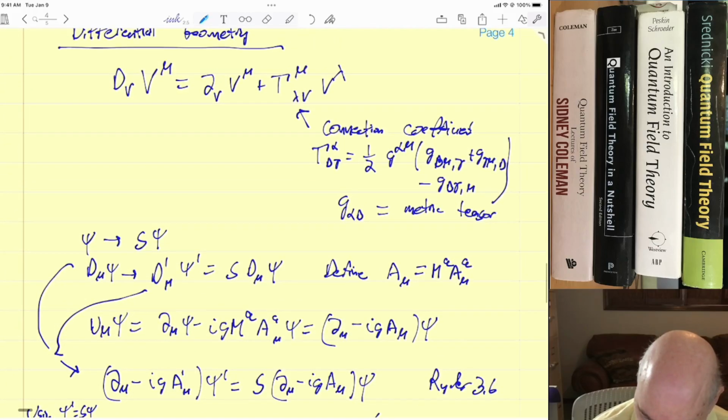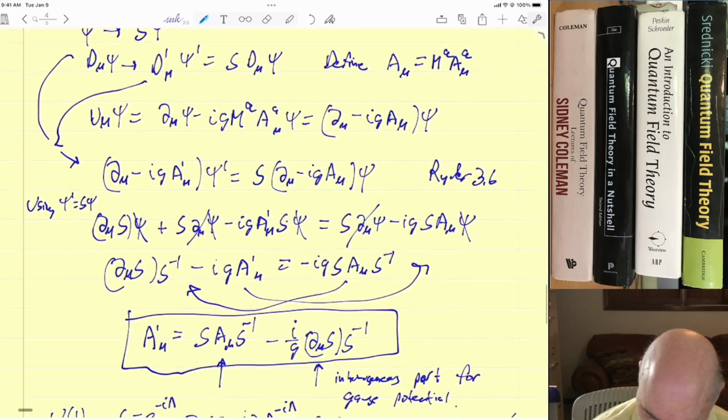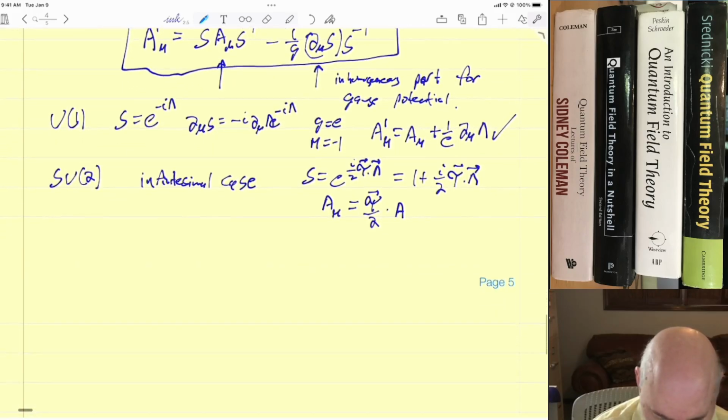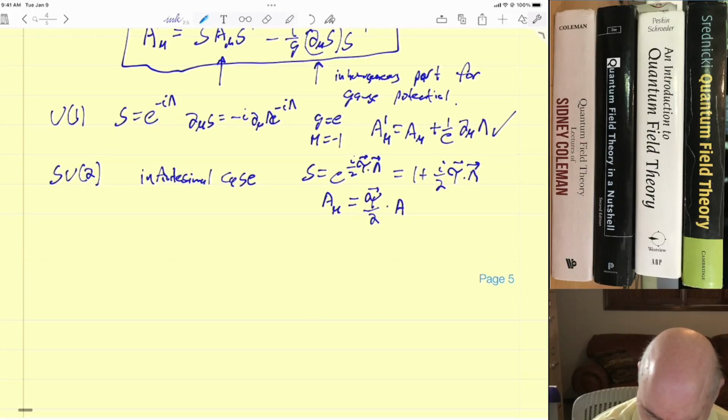This is our definition of A mu. It has the representation times the fields. And so this is the representation, tau over 2. And I'll just put a mu because it's going to be the same indices.